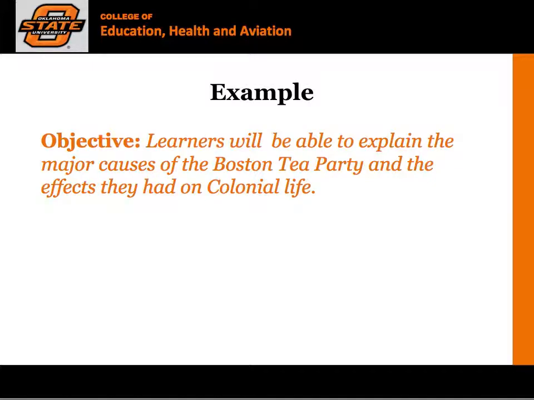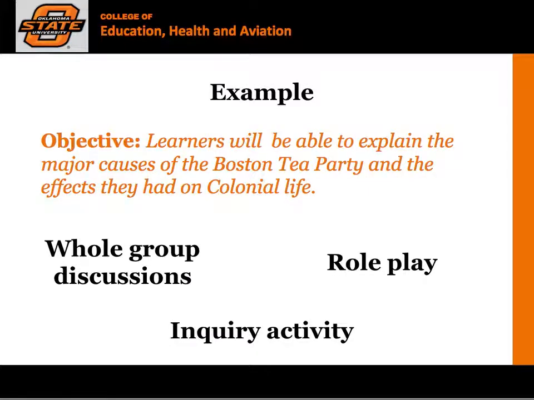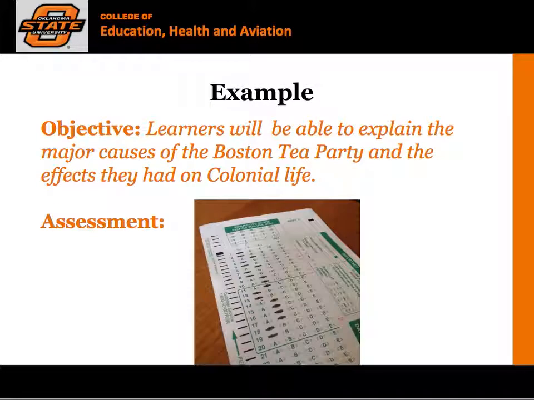You might have some practice or activities that consist of whole group discussions, maybe a little role play, and maybe even an inquiry activity about colonial life. So do you think that a multiple choice test on the Boston Tea Party would be an appropriate assessment?